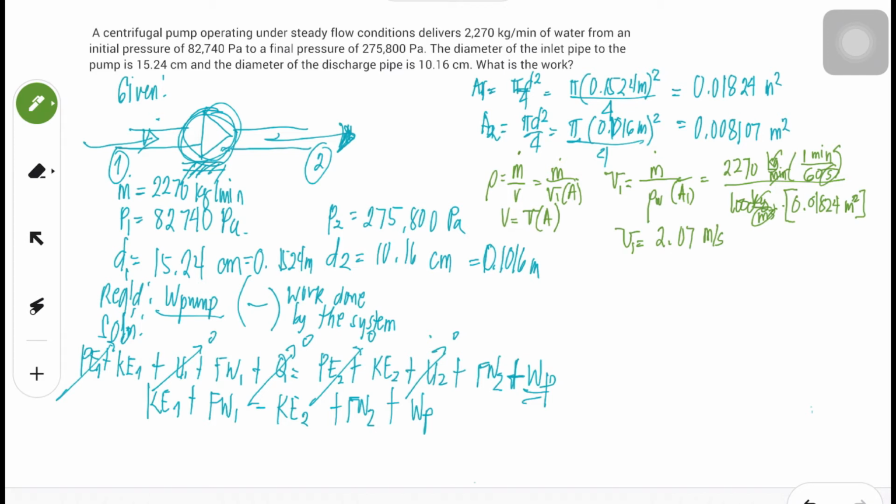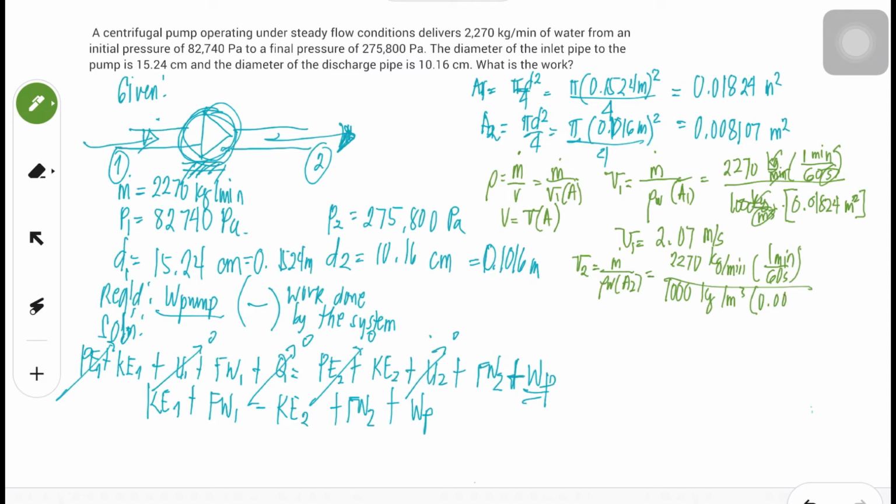Also, the velocity at point 2, same formula. It is just that you will now use the area at point 2. 27 kilogram per minute times 1 minute over 60 seconds. Compute that. The density of the water, 1000 kilogram per cubic meter.